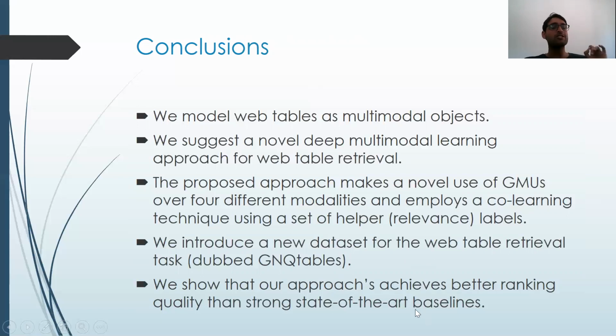In this work, we further suggest a new dataset for the web table retrieval task, which we call GNQ tables, and holds natural language queries for tables. Finally, we show that our approach achieves a much better ranking quality than strong state-of-the-art baselines.